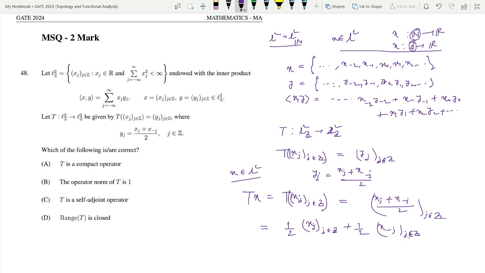So clearly this is actually the identity operator.